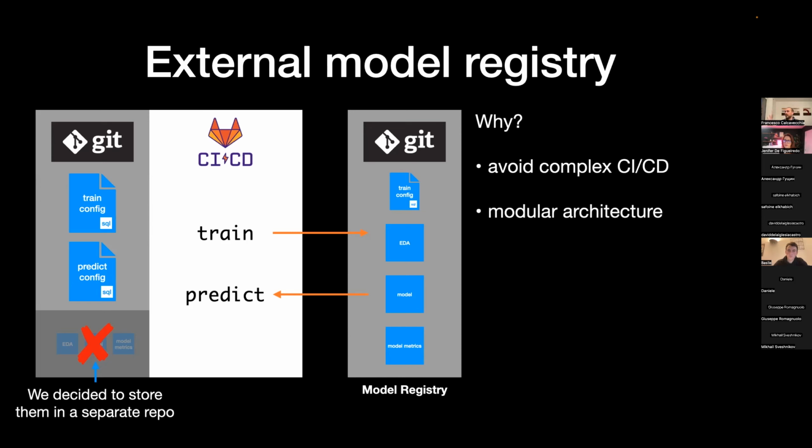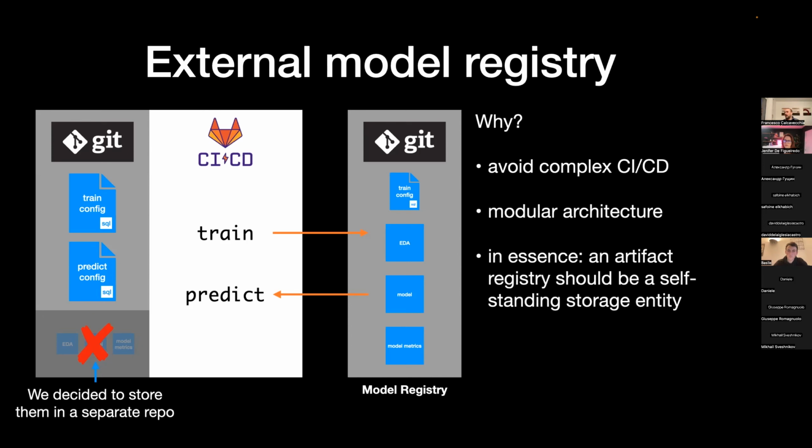It's very simple, easier to grasp rather than a combined repository which contains also input and complex CI/CD pipeline, etc. So in essence, I believe at least that an artifact registry should be a self-standing storage entity, and this is what I was trying to achieve. Okay, that's the first thought.